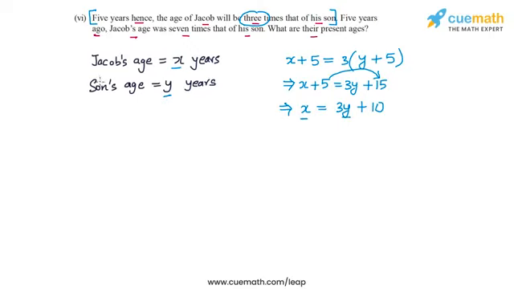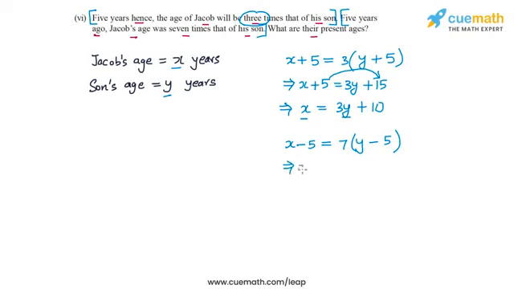Now the second piece of information is that 5 years ago Jacob's age was 7 times that of his son. So 5 years ago Jacob's age would have been x minus 5 and his son's age would have been y minus 5, and Jacob's age was 7 times his son's age. So x minus 5 should be equal to 7 times (y minus 5). So this gives us our second equation in x and y.